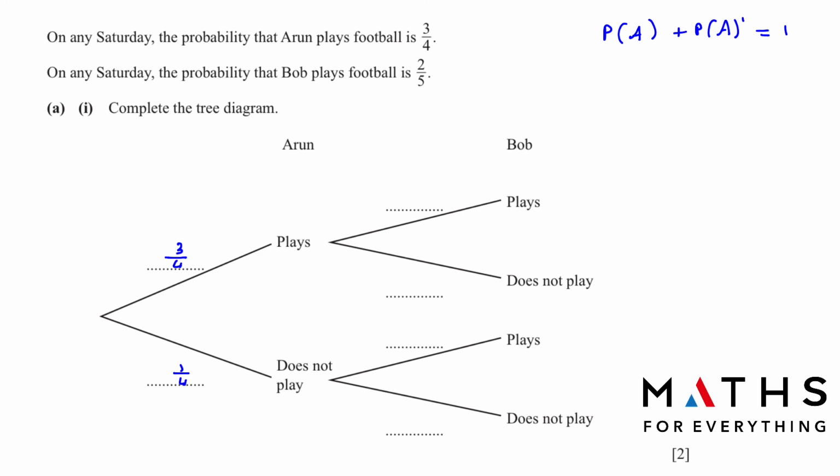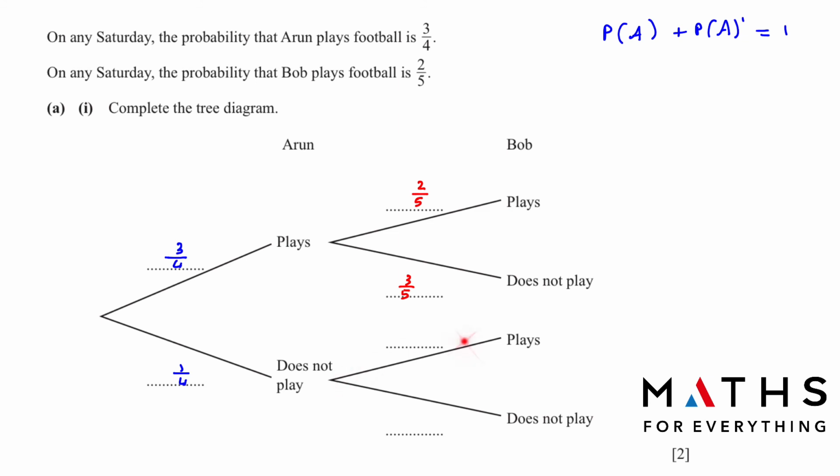Now in the second part, we know that on any Saturday, the probability that Bob plays football is 2 over 5. So if he does not play football, what will that probability be? 1 minus 2 over 5, that will be 3 over 5.